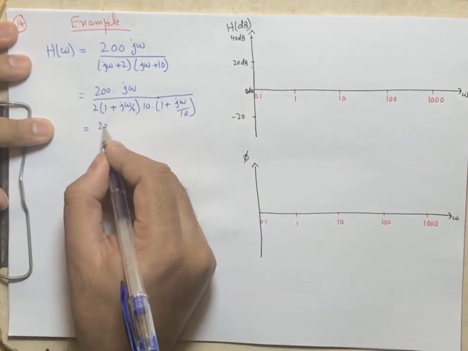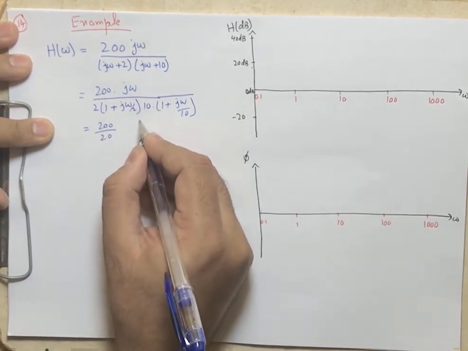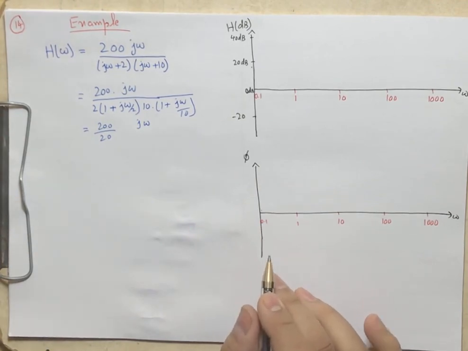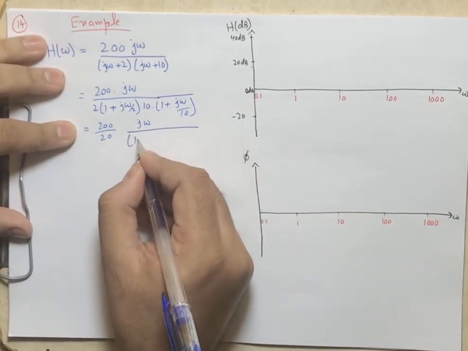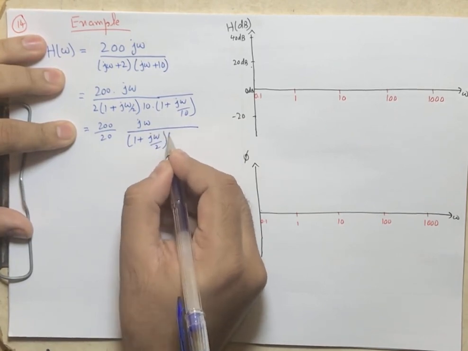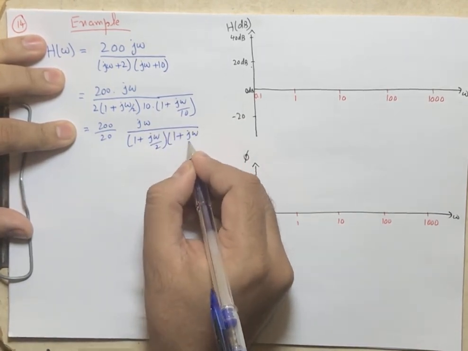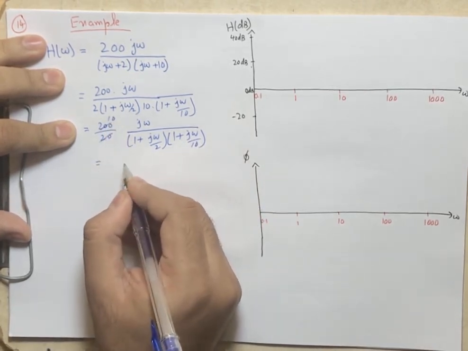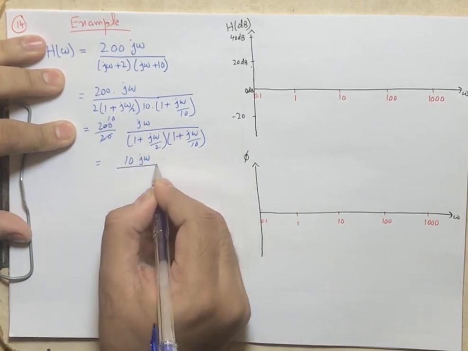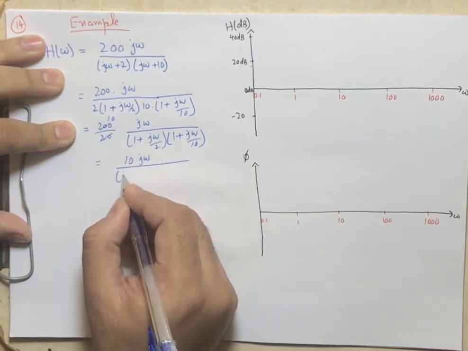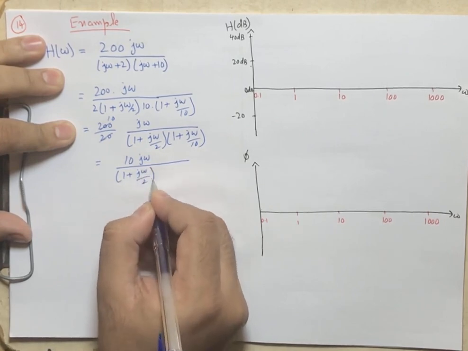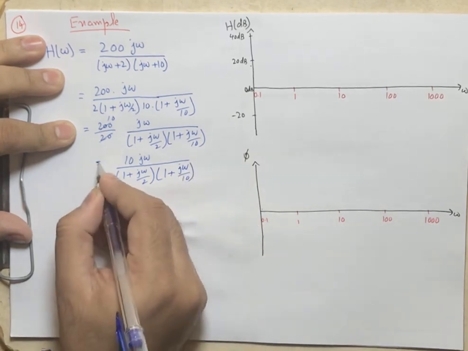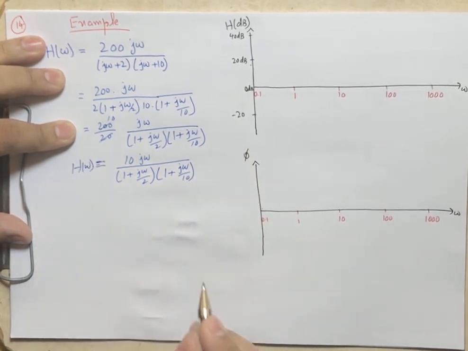So this will be 200 over 20 into j omega over (1 plus j omega by 2) into (1 plus j omega by 10). This is 10 over here, so the final answer is 10 j omega over (1 plus j omega by 2) and (1 plus j omega by 10). This is the standard form of your H of omega.